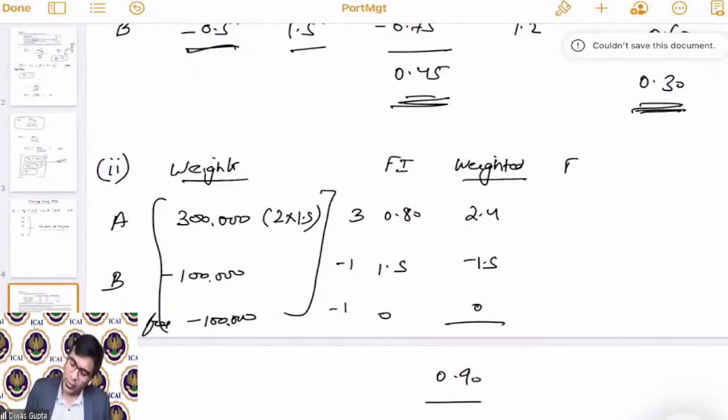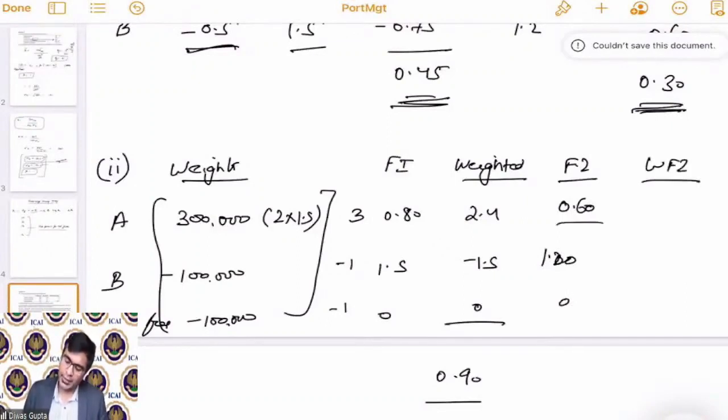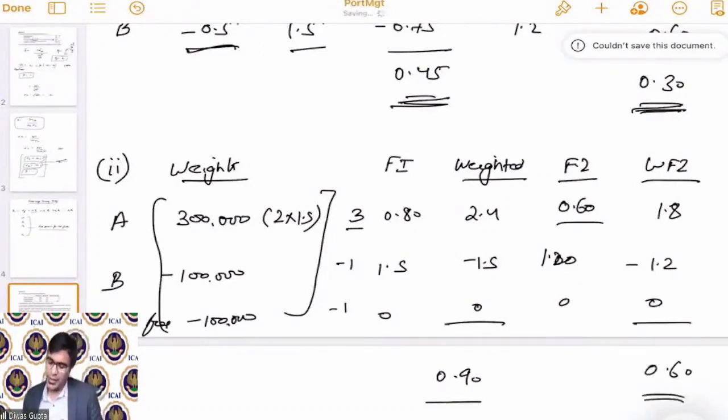And factor 2 coming out to be 0.60, 1.2 and 0, correct? So the weighted factor 2 comes as 0.60 multiplied by 3. So 1.8 minus 1.20, and the total is 0.60.